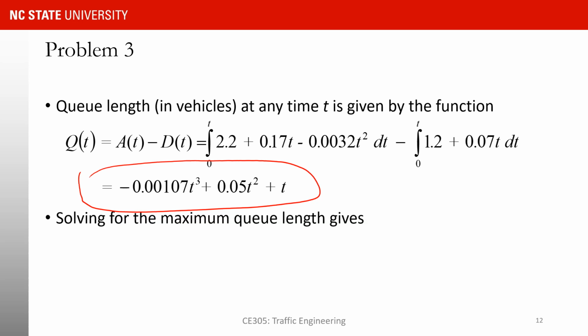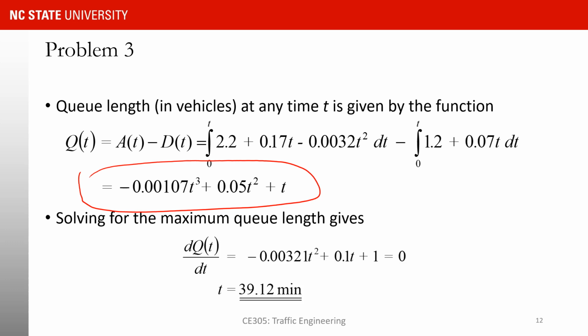If you want to find the maximum queue length, you need to take the first derivative and set it equal to 0. That is going to give you times at which the slope of Q is 0. So that could be a maximum or minimum queue length. If you take the first derivative, you're going to get negative 0.00321 t squared plus 0.1 t plus 1.